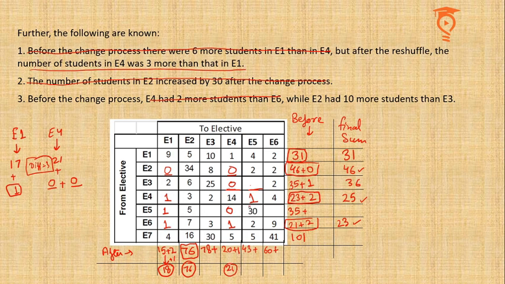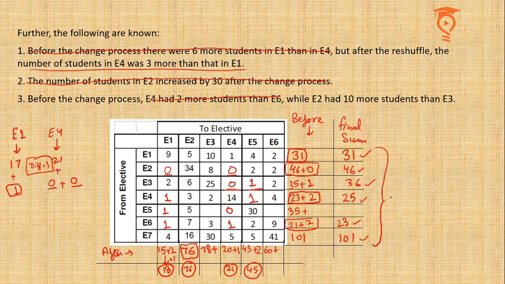Now we had decided that for E3 1 has to be added, so that has to come here because we have already decided 0 for this cell of the E3 row. So we have finally added 2 to 43 to make it 45. Okay, and here also 1 is remaining. So this is 101 anyway, and if we add the remaining numbers, 31 plus 46 plus 36 plus 101 plus 35, you will see that the sum of these numbers is 298.